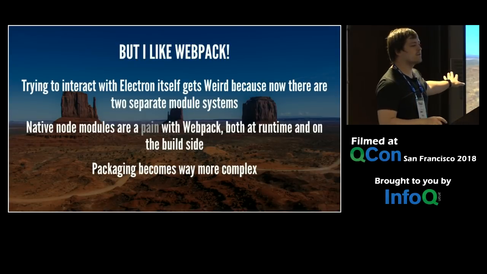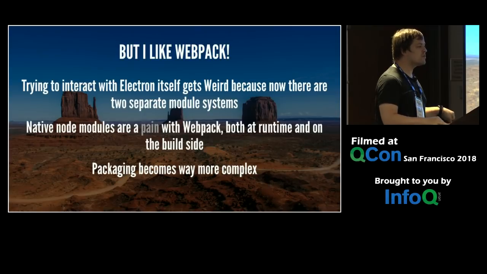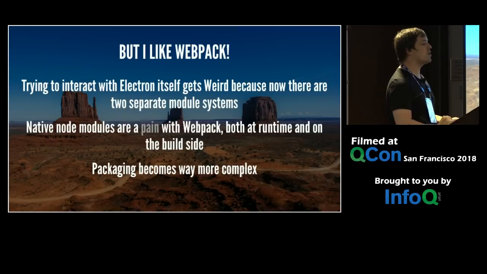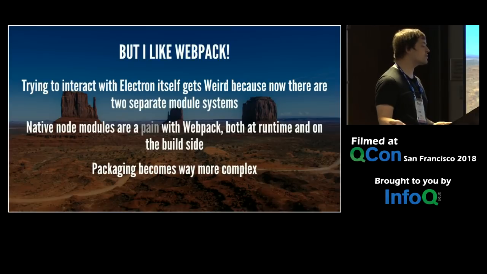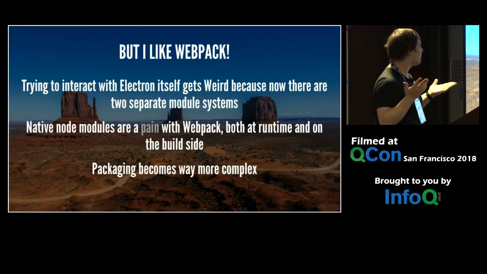Electron also has modules, but it uses the regular node module system. So now when you type require, you're getting Webpack, but sometimes you need node. The biggest problem that you hit when trying to do Webpack is that as soon as you go to load a native node module, like spell checker or things that do notifications, you blow up.